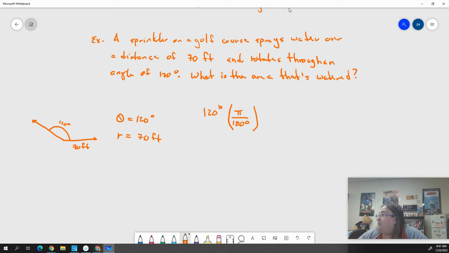So I have 120 pi over 180, and I'm going to get 12 pi over 18. Then I'm going to reduce that. Those are divisible by 6, and I get 2 pi over 3. So now I have it in radians. This is 2 pi over 3 radians, right?